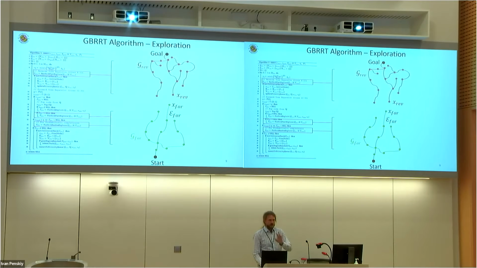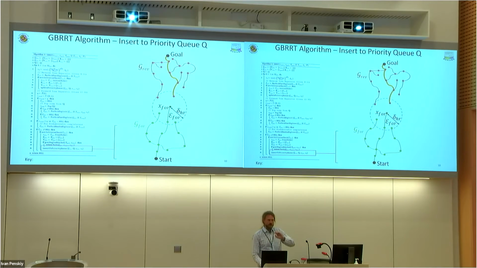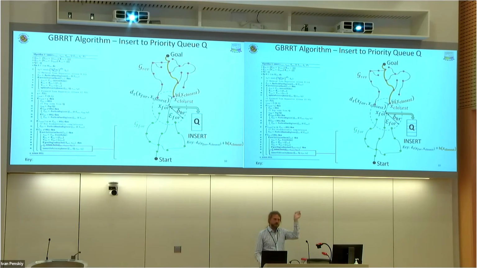So here is how we're going to do this. When we realize that we are close, within this ball radius, the forward tree has met the reverse tree, then we will insert the node into a priority queue. And then we're going to sort this based on the estimated distance if we connect, which is going to go from the start to where we are, plus little gaps to the other tree, and then the distance along that other tree to the goal.